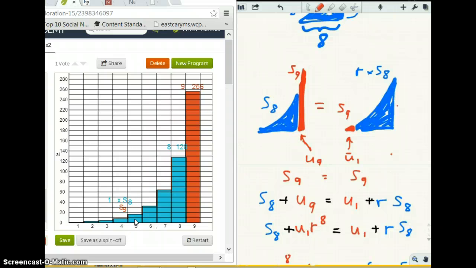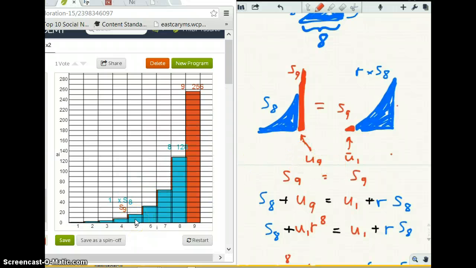And then left over, behind it, I have S9, which is the red area, which is 9 wide. But what is basically showing through is U9, which is the ninth term of the red geometric sequence.